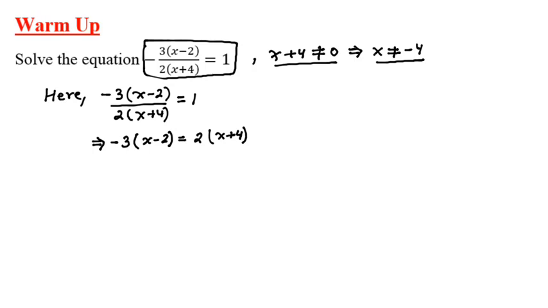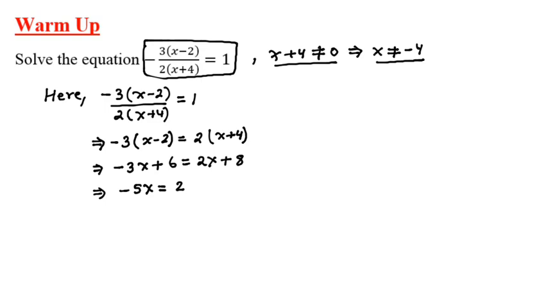Okay, let's continue solving this. If you multiply by -3, you get -3x. -3 times -2 is +6, equal to 2 times x, 2x, and 2 times 4 is 8. Now if you subtract 2x on both sides, you get -5x. And if you subtract 6 on both sides, you get +2.